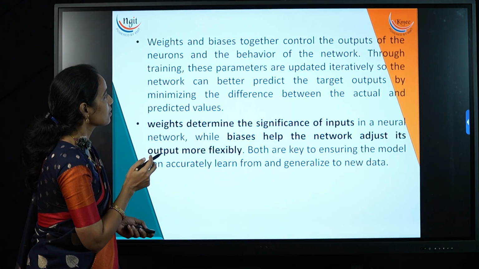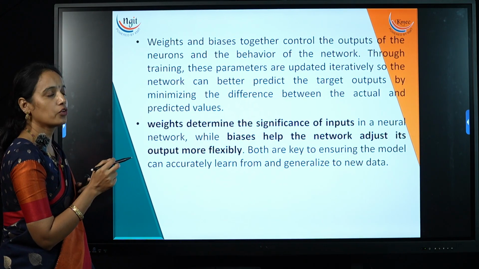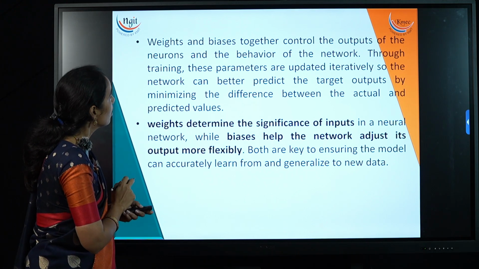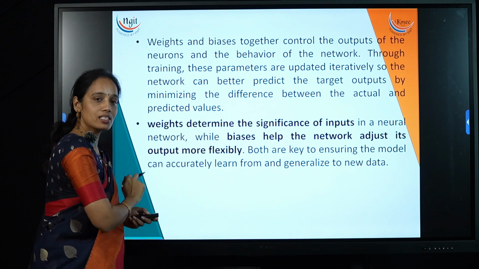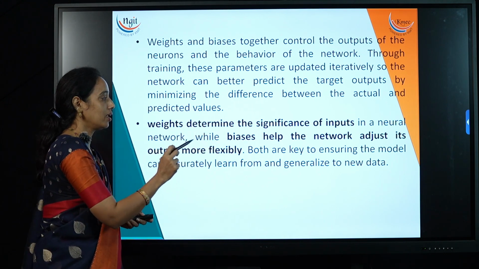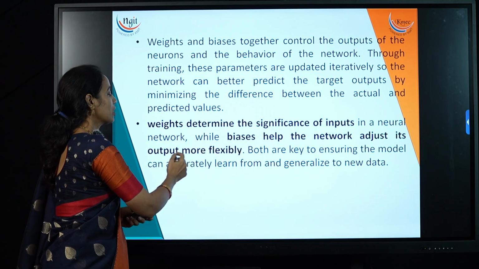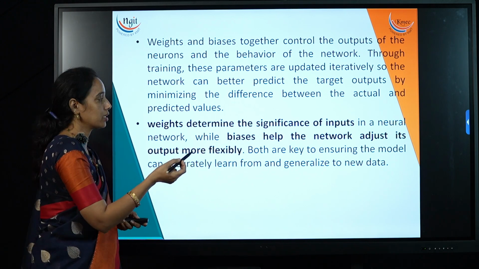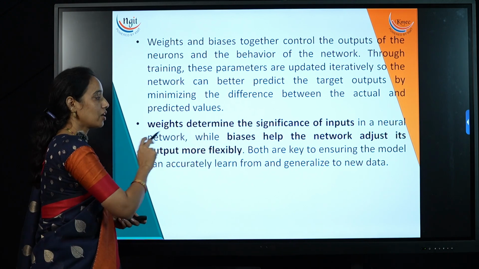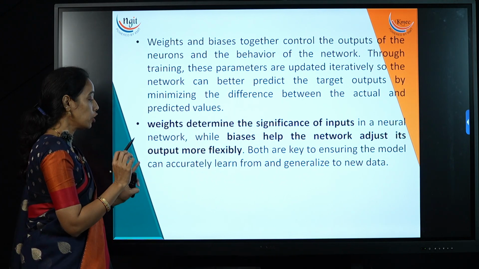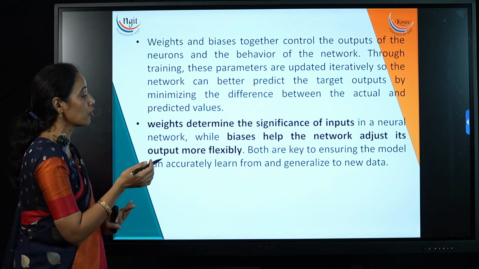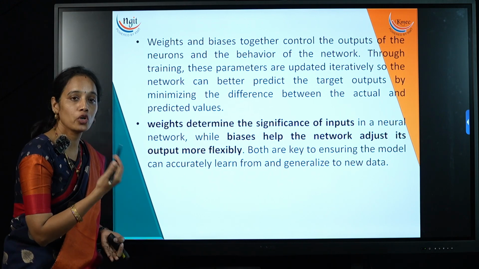Weights and biases together control the outputs of neurons and the behavior of the network. Weights determine the significance of inputs in a neural network, while biases help the network adjust its output more flexibly. Both are key to ensure that the model can accurately learn from and generalize to new data.